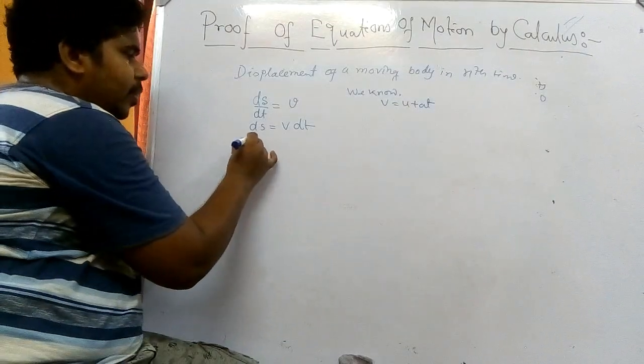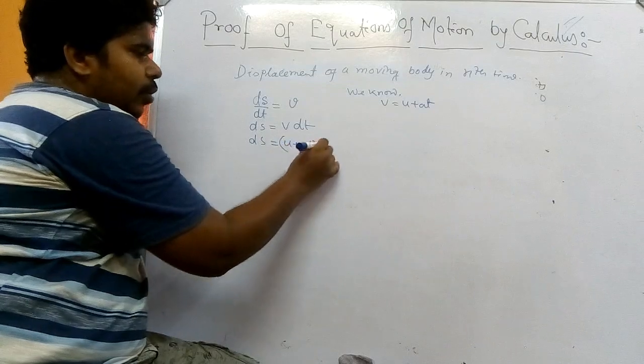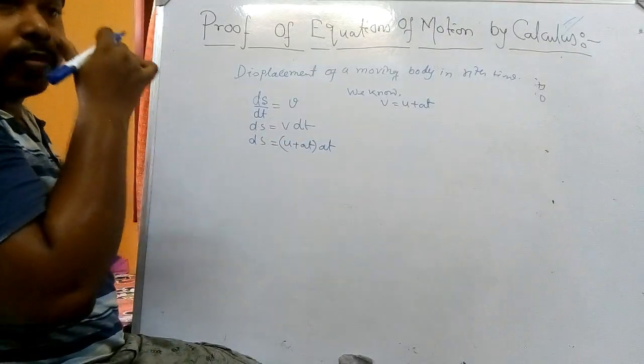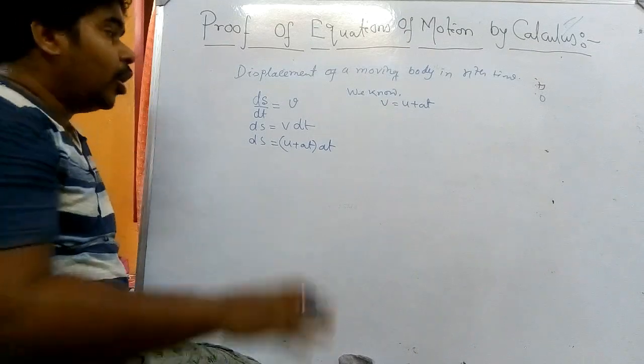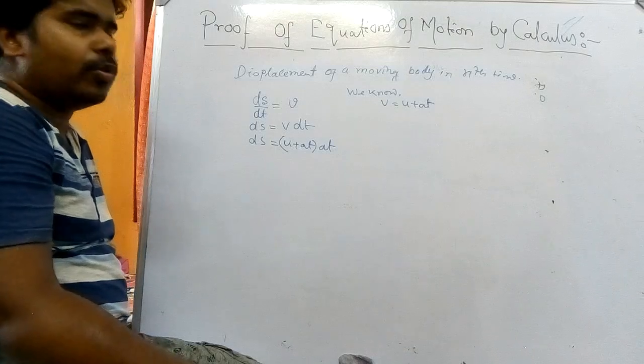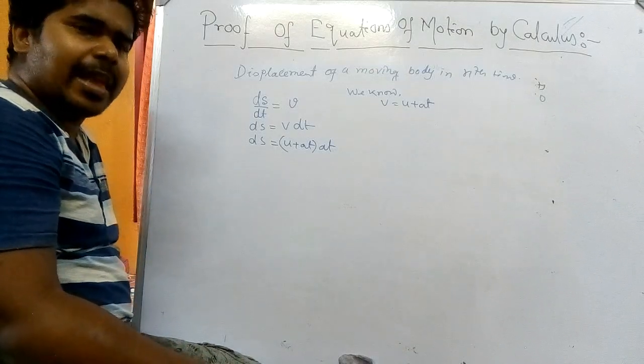So we'll replace it: ds equals u plus at into dt. Now exactly the same thing we did earlier to prove equation number 2, that is s equals ut plus half at square. So here also we have done the same thing.